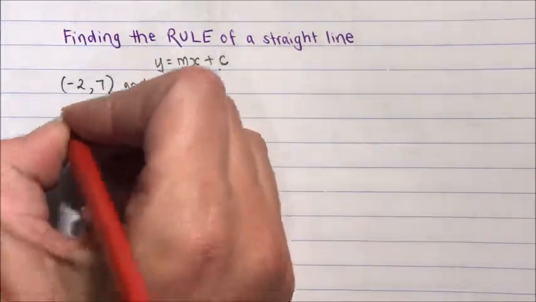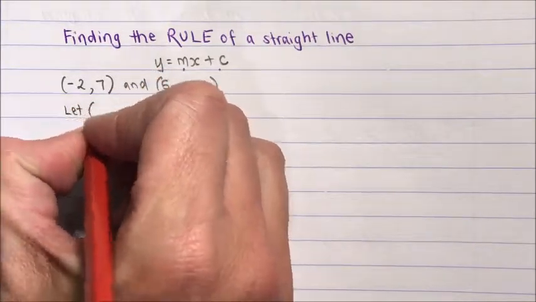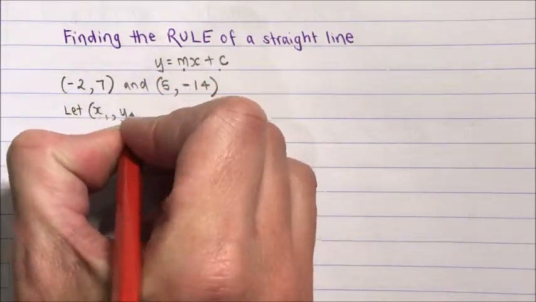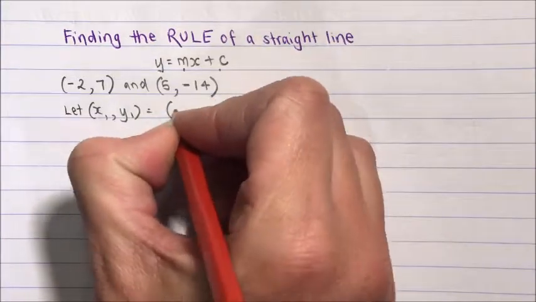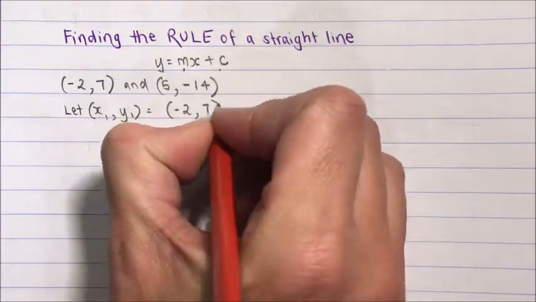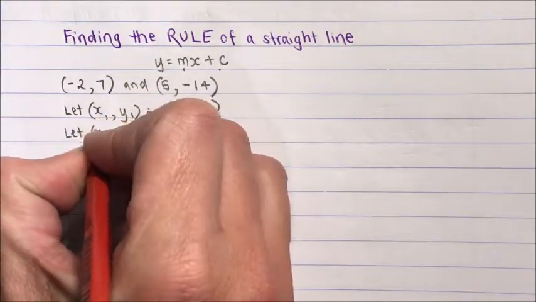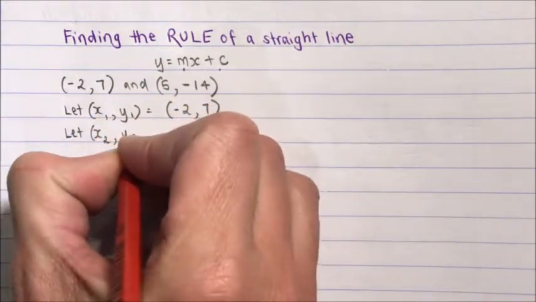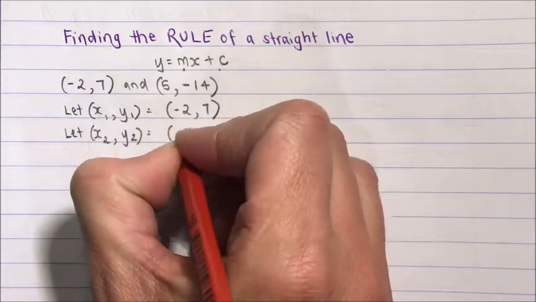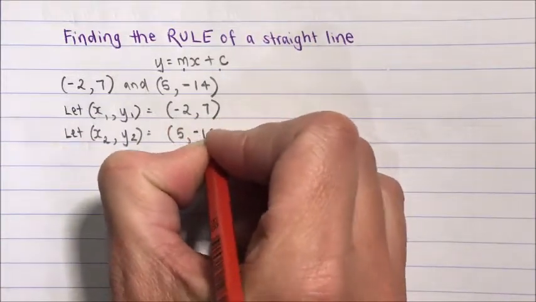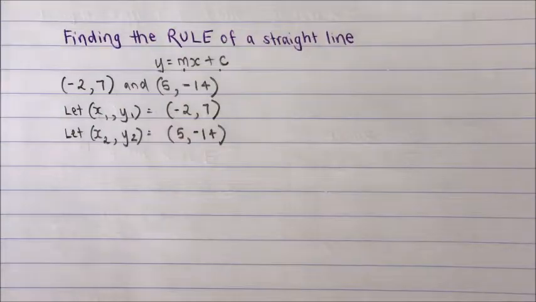So let (x1, y1) equal (-2, 7), and let (x2, y2) equal (5, -14).